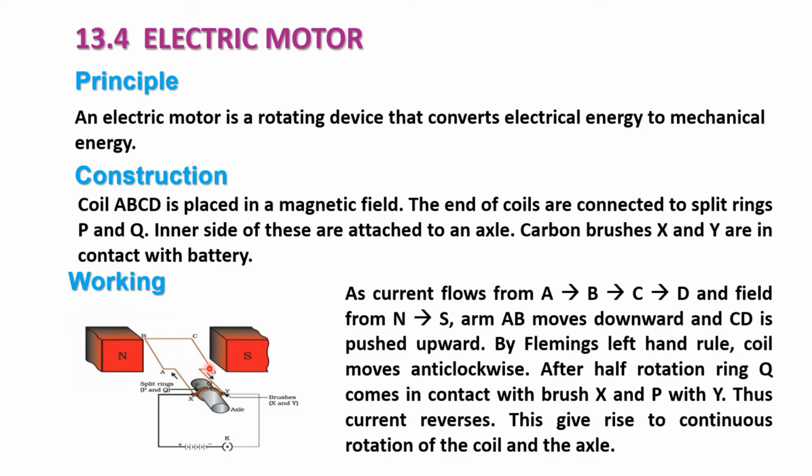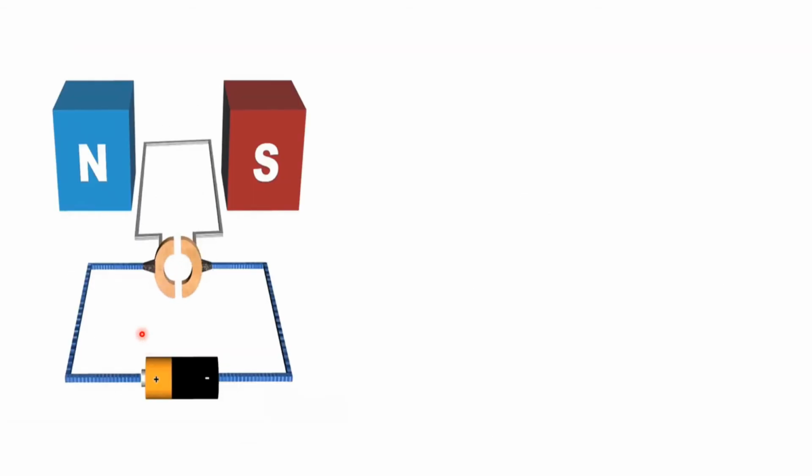How does the current reverse? This CD arm will come to this side and AB arm will come to this side. Earlier the current was coming from C to D. Now the current will move from D to C. See, in this manner, if we consider this as arm AB, it is moving anti-clockwise.